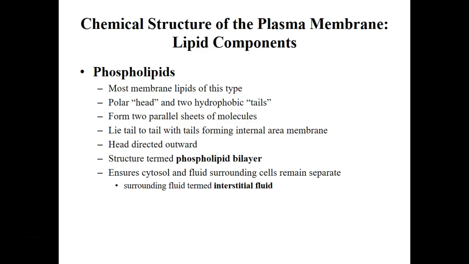The outer layer, the heads face towards the extracellular region and they interact with the extracellular solutions. The inner layer, the heads face towards the intracellular region and interact with the intracellular solutions. The fatty acid tails then face in towards each other and they don't get involved in interactions with the fluid as much.